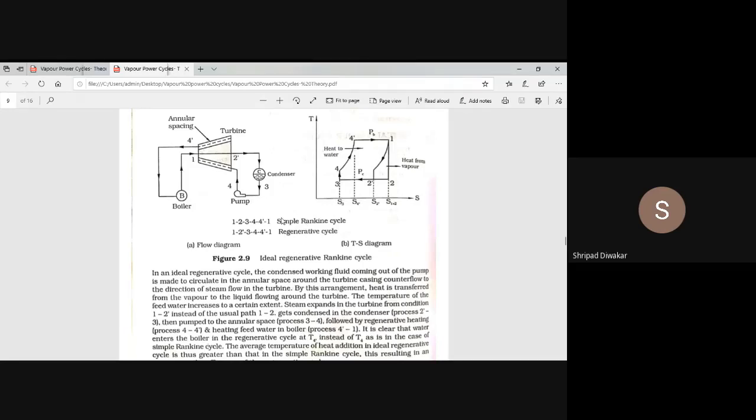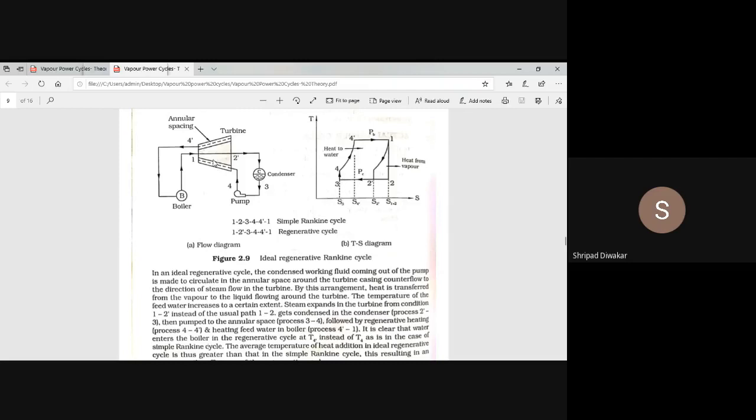We are going to start with the condensate here. Remember, ideal is different, practical is different. In an ideal regenerative cycle, whatever condensate comes out from the condenser enters into the pump, and then the pump circulates the water around the annular space.